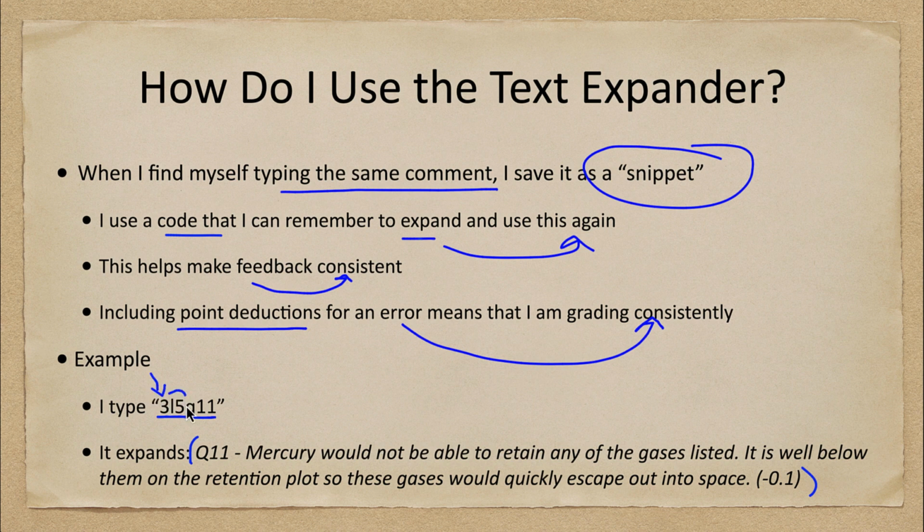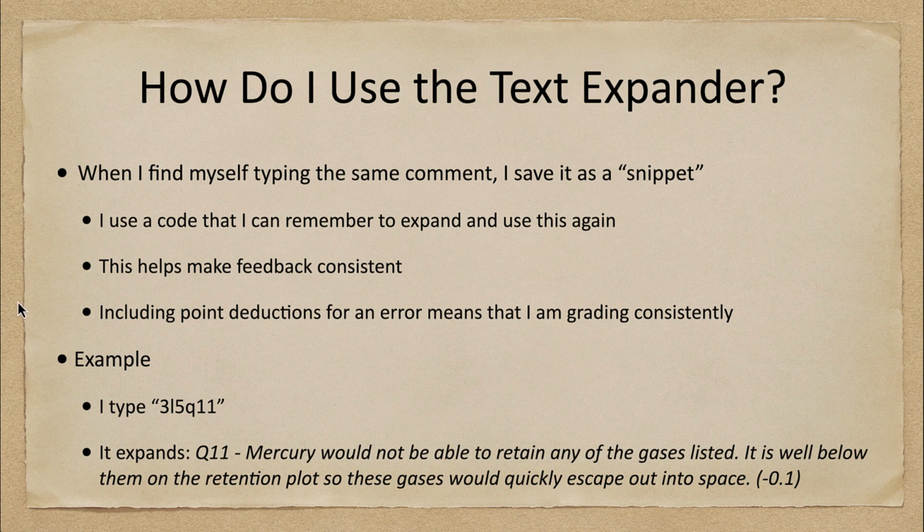We're looking at Lab 5 and question 11. So when I'm grading Lab 5, it makes perfect sense to type: oh, this student had an issue with question 11 on Lab 5. 3L5Q11 gives me this explanation. And of course, I can always add something at the end if I want to as well.